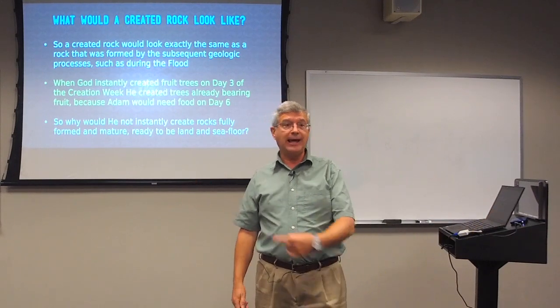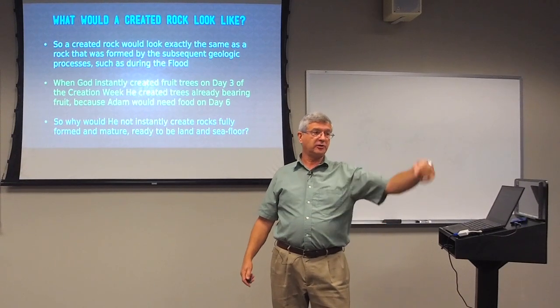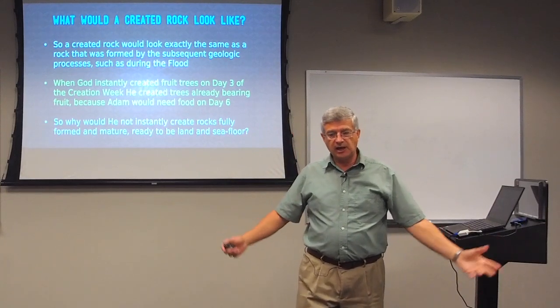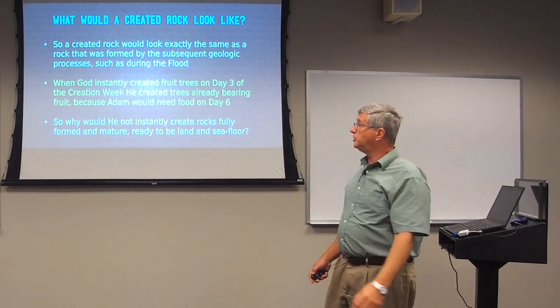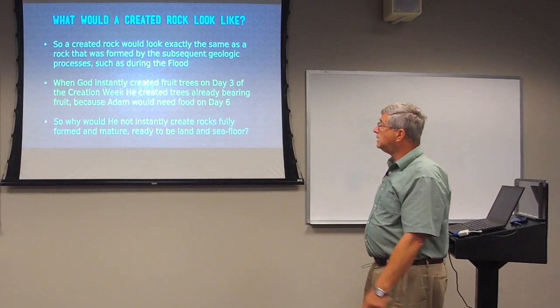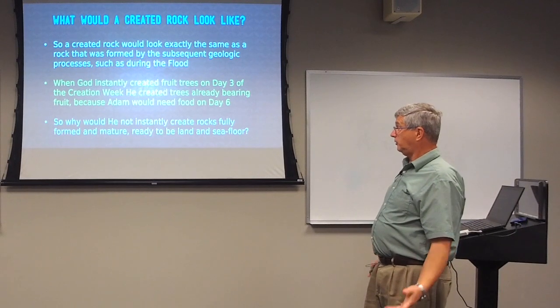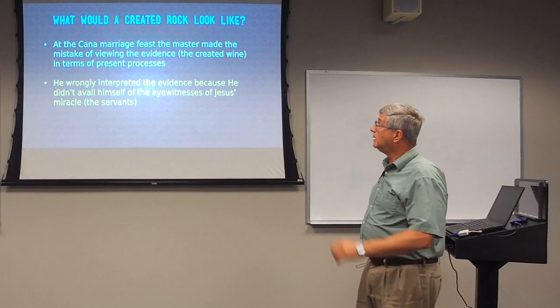Why? Well, Adam and Eve would go hungry 3 days later if they had to wait for the trees to grow from seeds and eventually fruit. So, God created a fully formed, fully functioning, mature universe. So why wouldn't he create rocks fully formed and mature, ready to be land and seafloor?